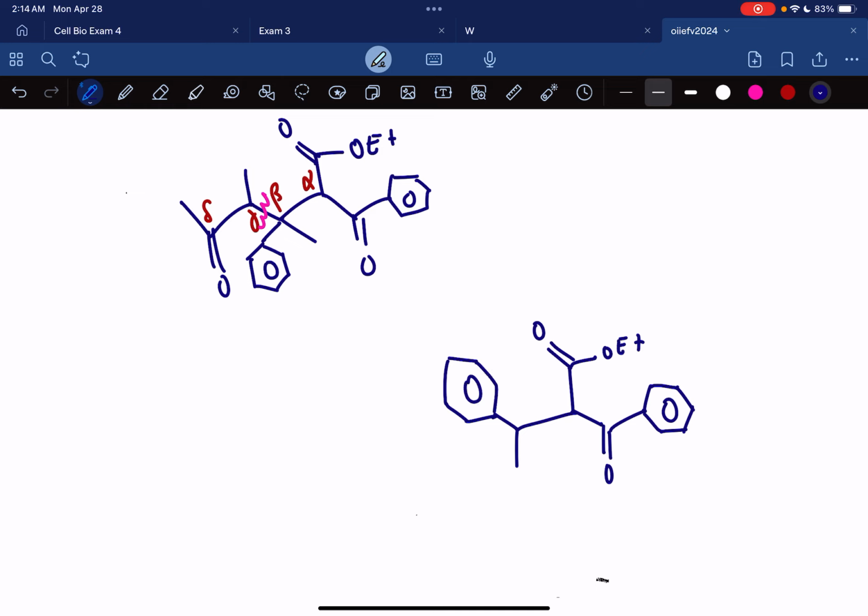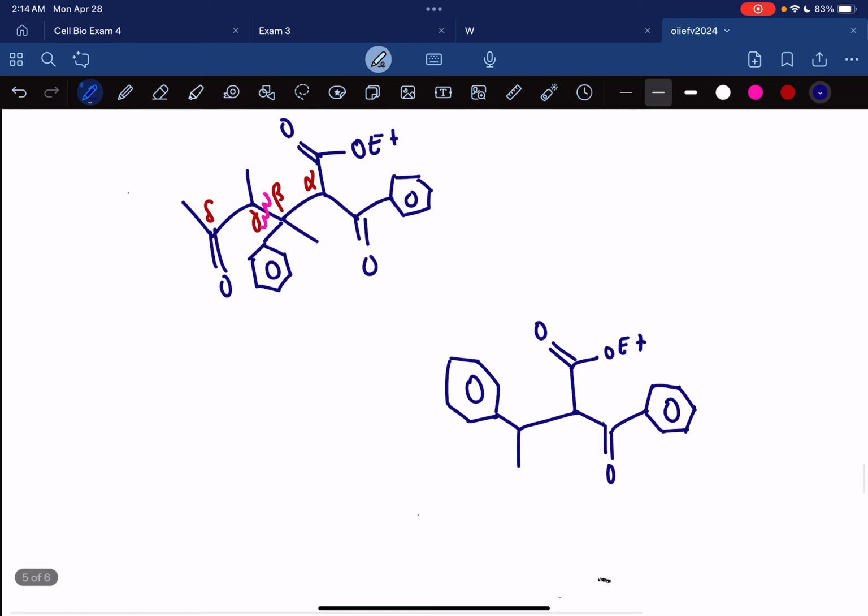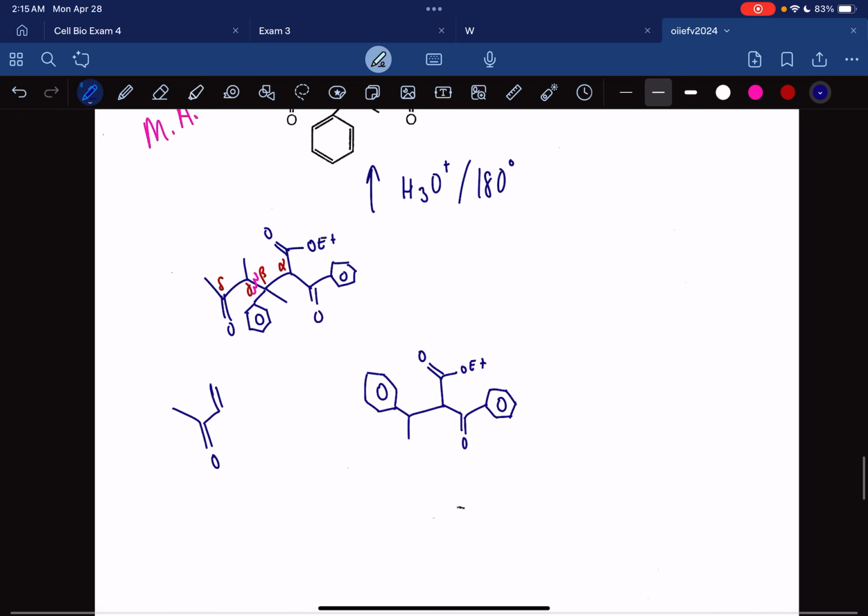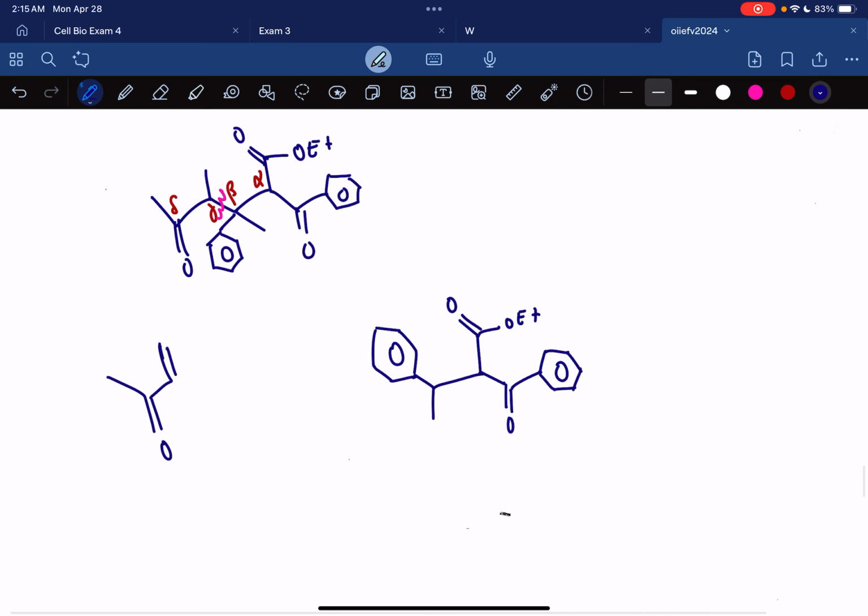And then on the other side, the reason why we did that is because now we can put the Michael acceptor right here. So it'll be a lot easier. So we just do like this and this. So now we all of a sudden have a much better, much more manageable synthesis here.